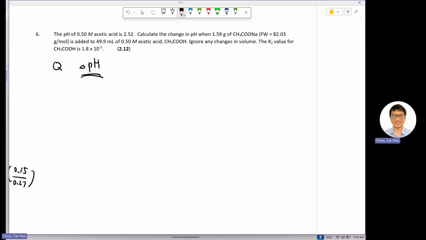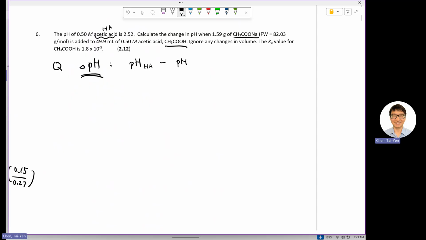Specifically, you can calculate this as the pH of your acetic acid, a weak acid, HA, minus the pH of the second solution. You have two solutions here. The first one, apparently, is a weak acid solution, right?